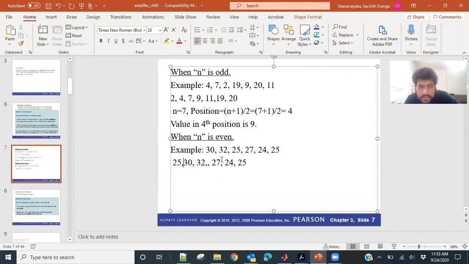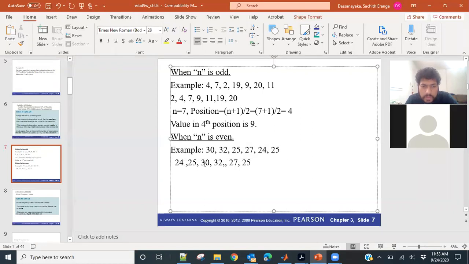So the first thing is to make an ordered list. Okay, 20, 25, 25. There are two 25s, then 27.